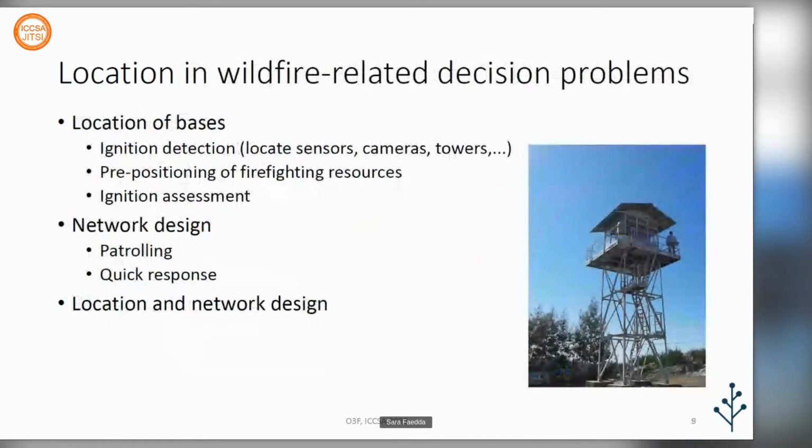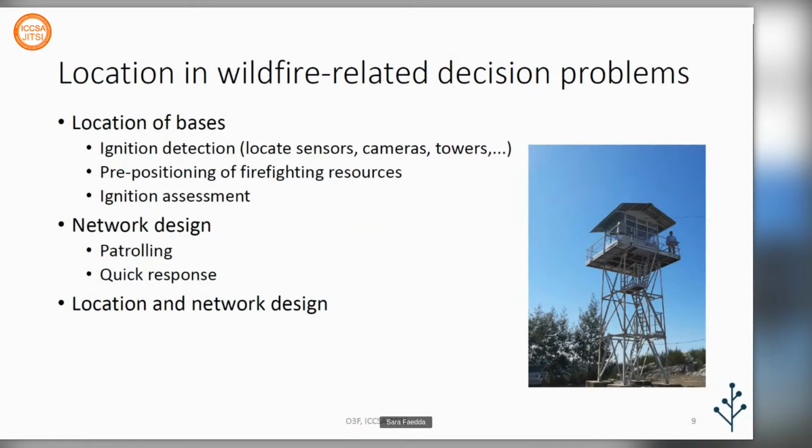In wildfire-related decision problems, there is a lot of equipment that we may want to locate in order to detect emissions as early as possible.